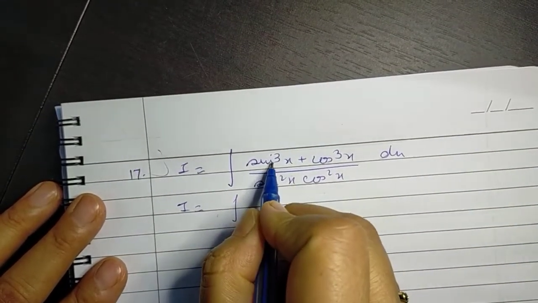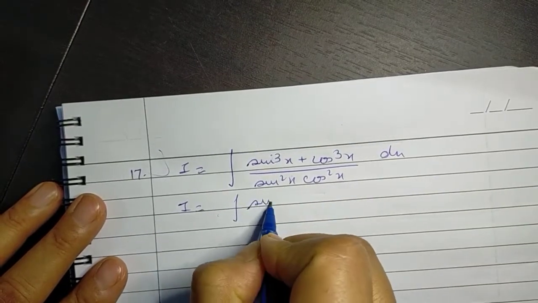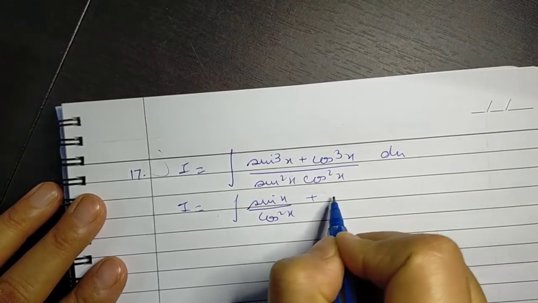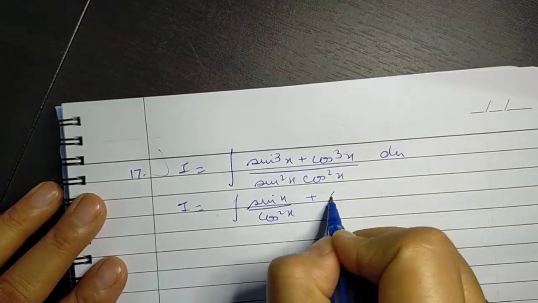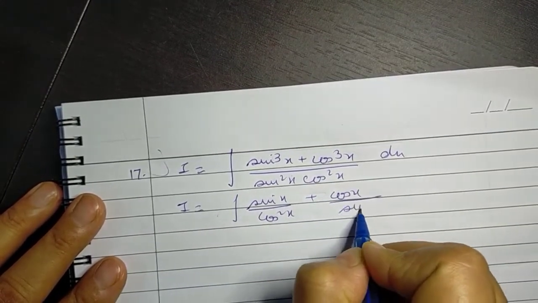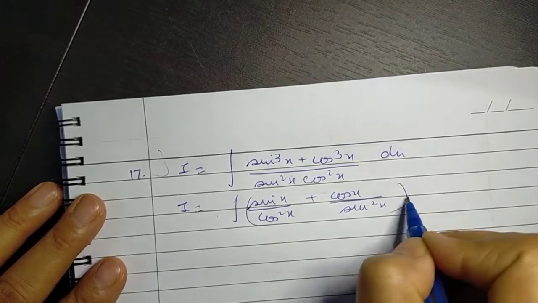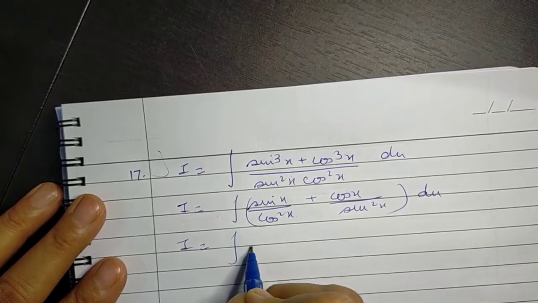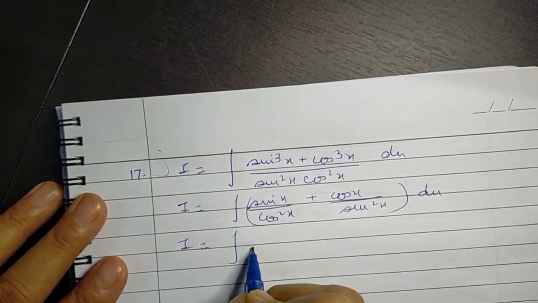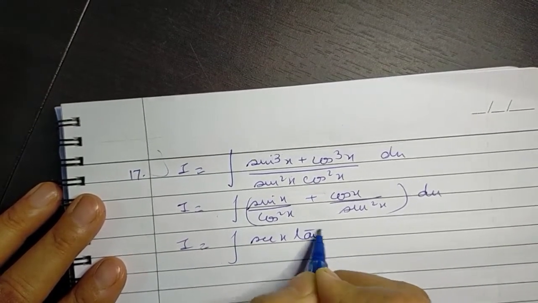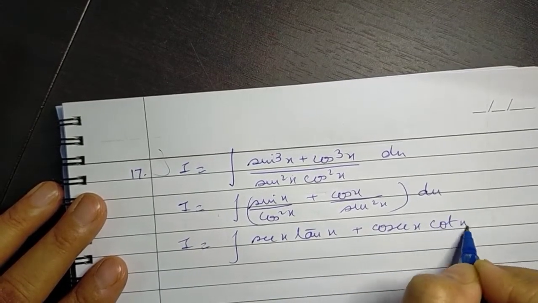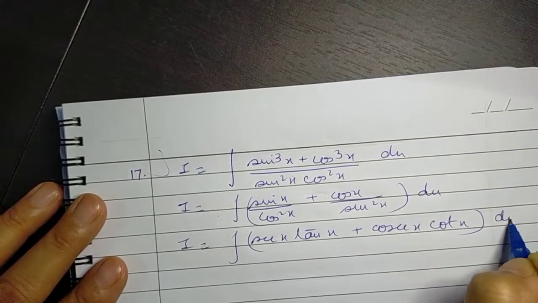We get sin squared cancelled, we are left with sin x over cos squared x, plus here cos squared x gets cancelled, we are left with cos x over sin squared x into dx. It can be easily written as sec x tan x plus cosec x cot x, and both the integrals we know.